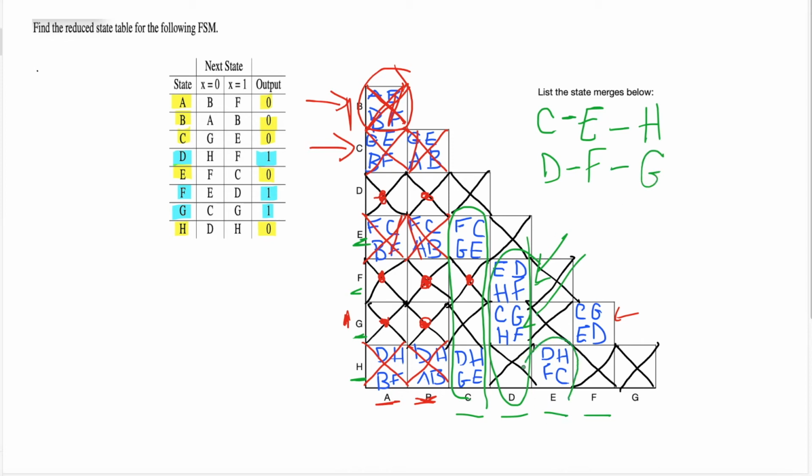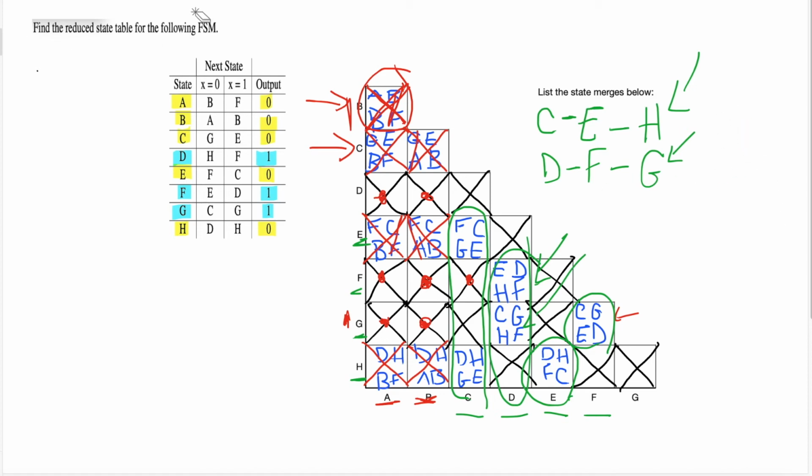So we have another box over here, which is E and H. And we have another box over here, which is F and G. But we don't have to necessarily include the E and H separately or the F and G separately because they're already included in this equation right here. The E and H and the F and G are already included as there are no new letters present. So we don't necessarily need to add those separately, right? So these are our 2 state merges below that we have.